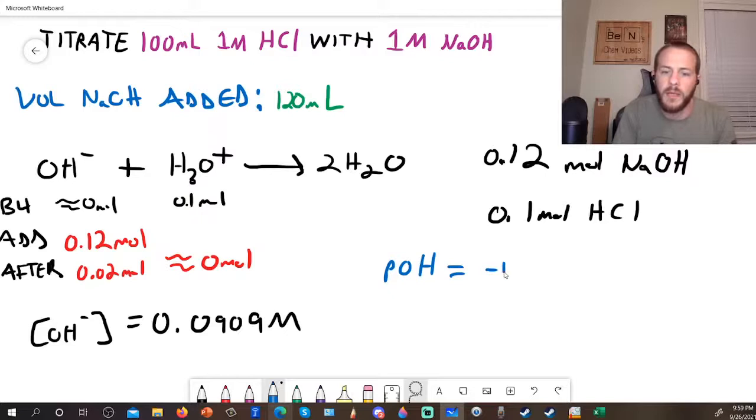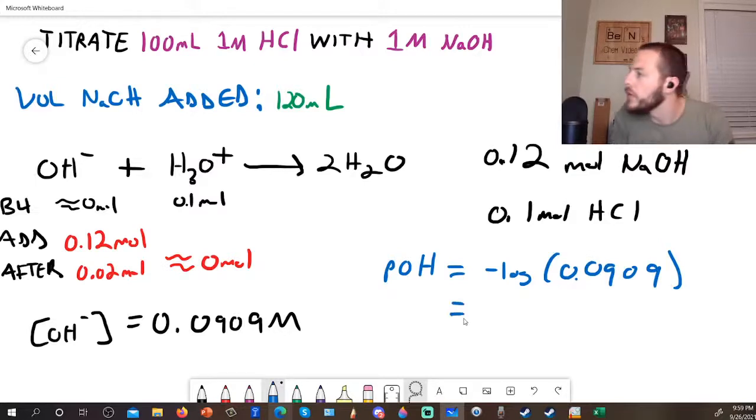That's going to be the negative log of 0.0909, which is, let's see, negative logarithm of 0.0909. And I got 1.041. So that's pOH.